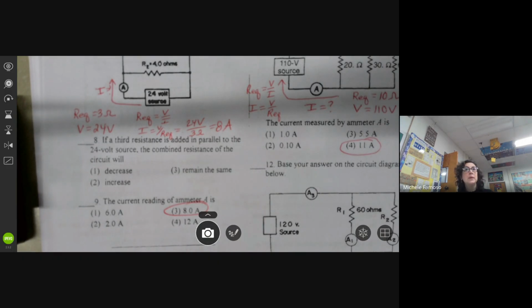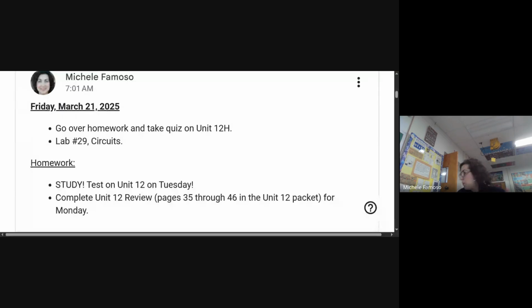No? All right, so then what we're going to do is take your quiz now. You can use your homework. You will need your reference table and your calculator to do these 3 questions. I would suggest you do this in pencil because there is a diagram that I asked you to draw using proper symbols from your reference table.